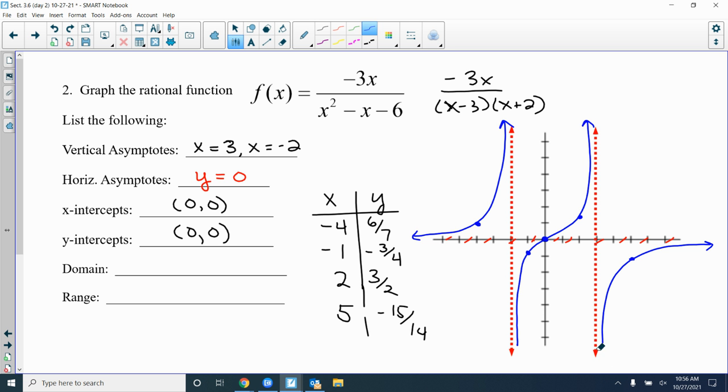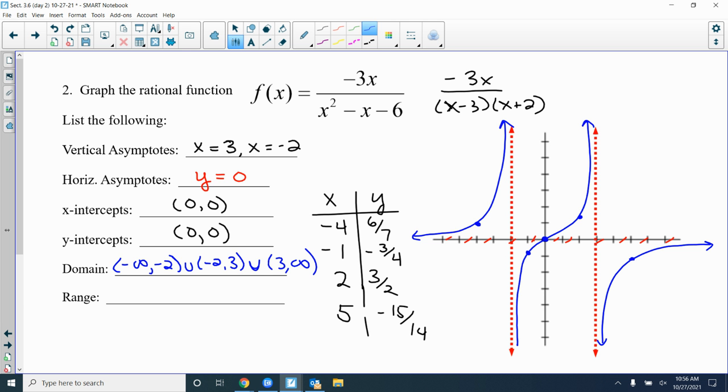Domain? Everything but what? Negative 2 and 3. Negative infinity to negative 2, union negative 2 to 3, union 3 to infinity.